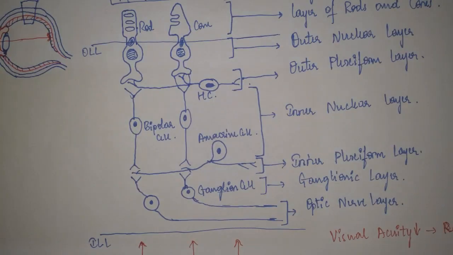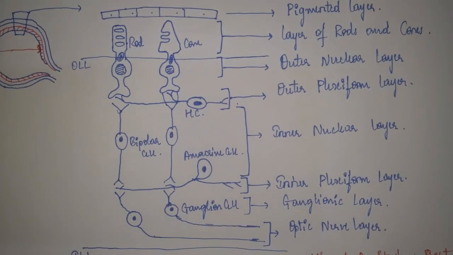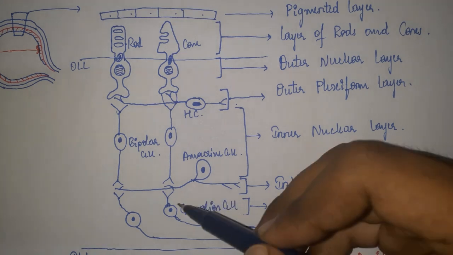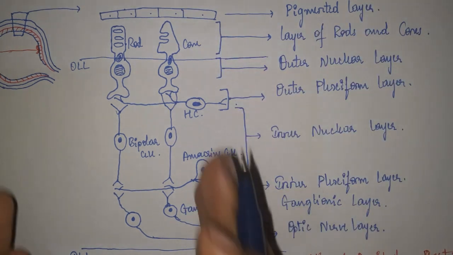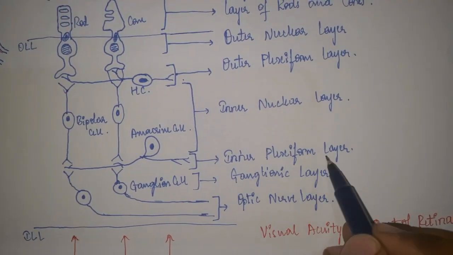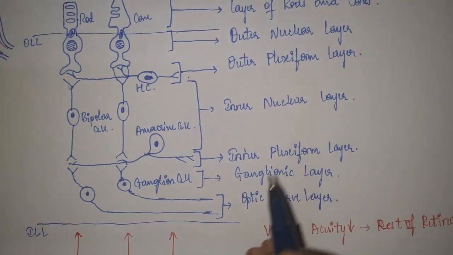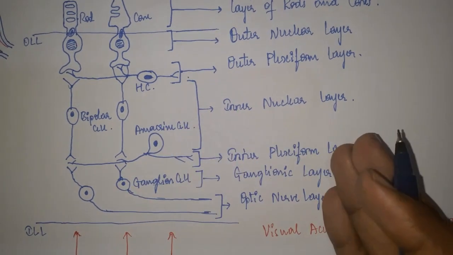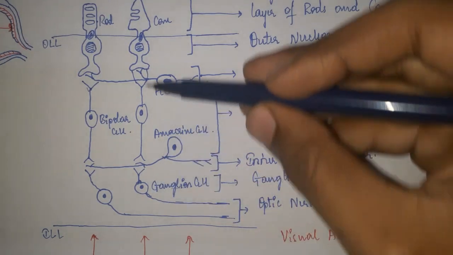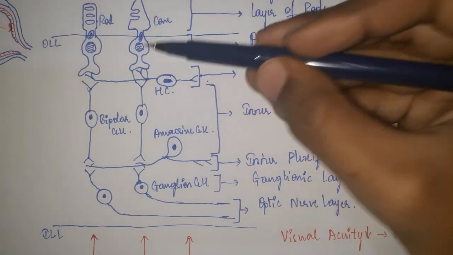Now comes the fovea. In the fovea, there is a little bit of a weird arrangement. These layers are not arranged in this order. The layers like the ganglionic layer, inner plexiform layer, and inner nuclear layer are arranged at the sides rather than being arranged directly on the rods and cones.